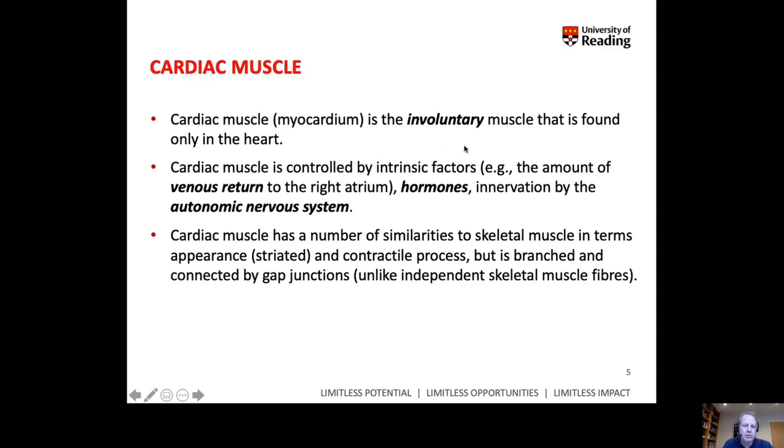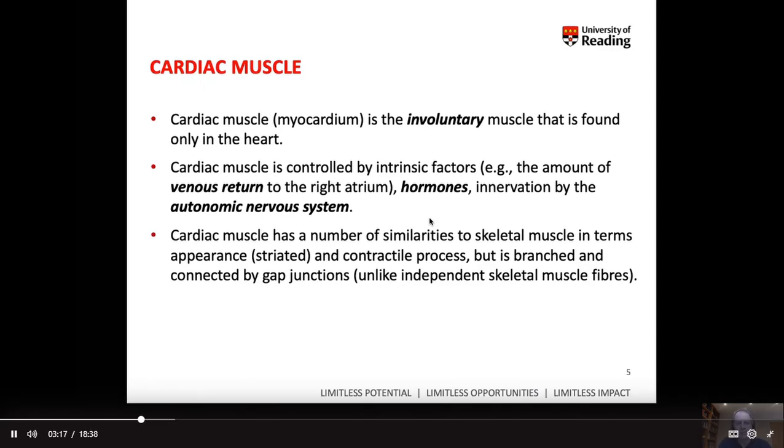Cardiac muscle is controlled as well by a number of what we call intrinsic physiological factors. One of the most important factors is the amount of blood returning to the heart. So this is the venous return to the right atrium of the heart. A lot of the diagrams that I'm going to give you over the next couple of slides I've shared from lectures from Alistair McNeish, who also tells you something about the cardiovascular system.